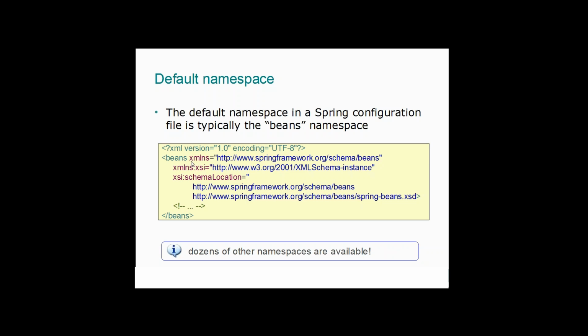Now I have this XML namespace. What it means is, if you add this namespace, you have to add the specific schema location for the specific namespace which you added here. In the schema location, I will provide two pieces of information.